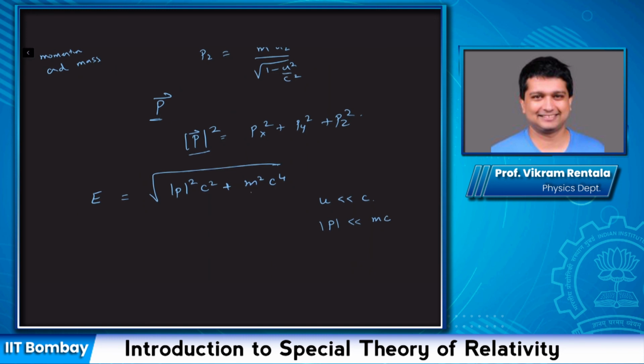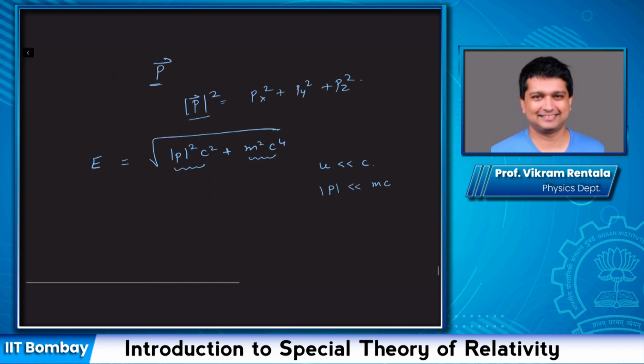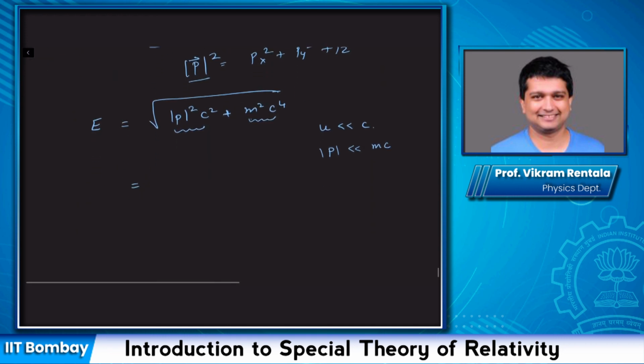So treating this as a very large term and this as a very small term, we can expand this. You can show again via the binomial expansion that this is mc square plus P square by 2m minus 1/8 P to the 4 by m cube c square, and so on.